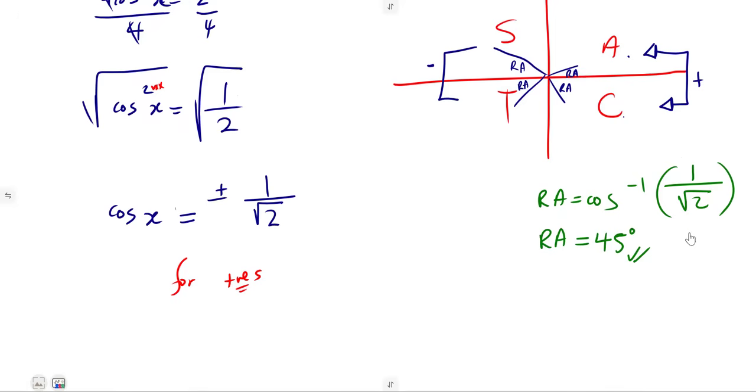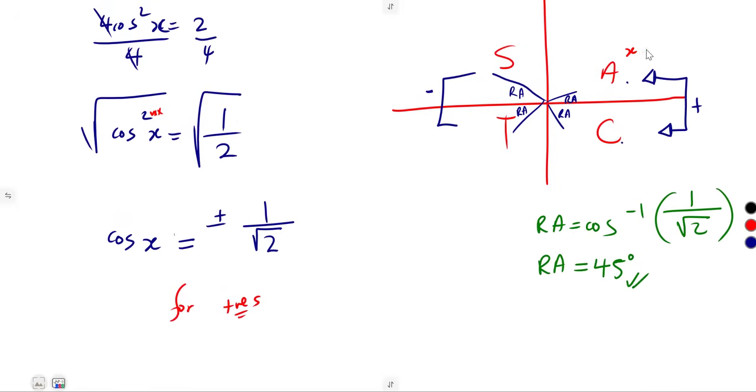Remember, in the first quadrant, guys, your final solution is equal to the reference angle. In the second quadrant, your final solution is 180 degrees minus the reference angle, where in the third quadrant, we add the reference angle. And in the fourth quadrant, 360 degrees minus what? The reference angle.